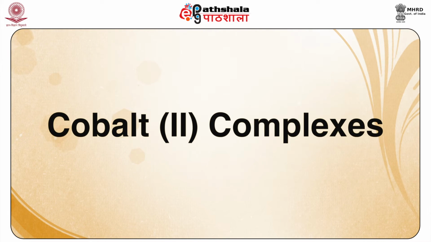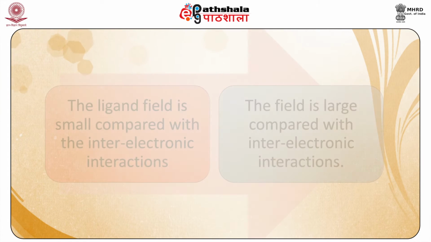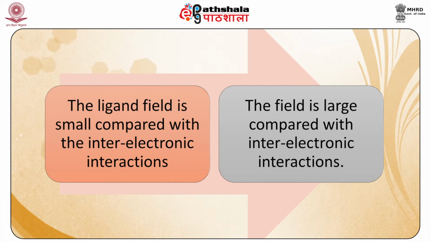Cobalt 2 plus complexes. For octahedral cobalt 2 plus high spin complexes, the ground state configuration is 4T1g, resulting from a free ion F ground state. Two cases are considered for the calculation of mu effective. First, the ligand field is small compared with the interelectronic interactions.